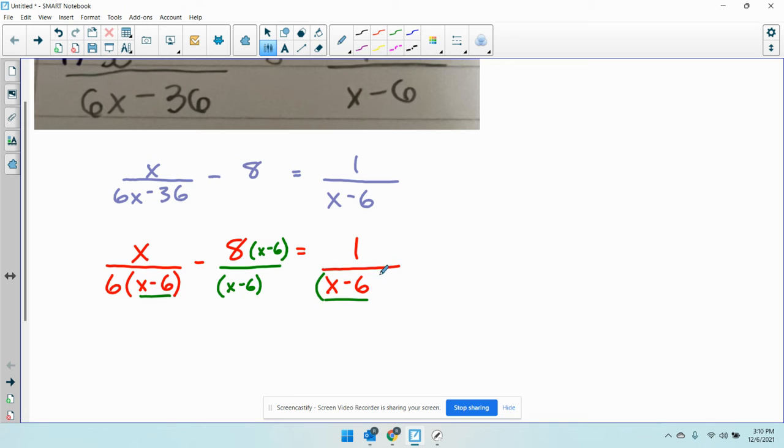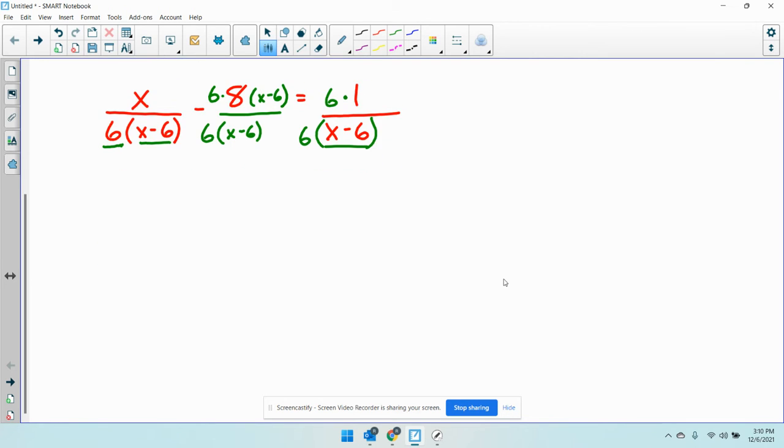Okay, we're almost there, but this also has this 6 here. So I'll have to multiply this by 6 on top and bottom, and multiply this by 6 on top and bottom. Make sure you give yourself enough space to write these problems down.